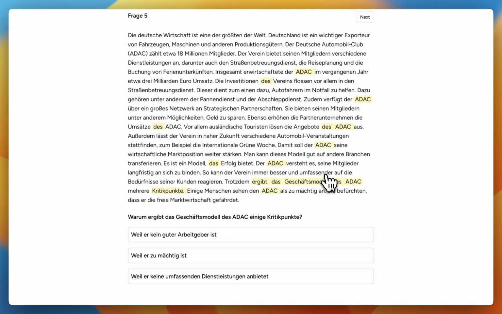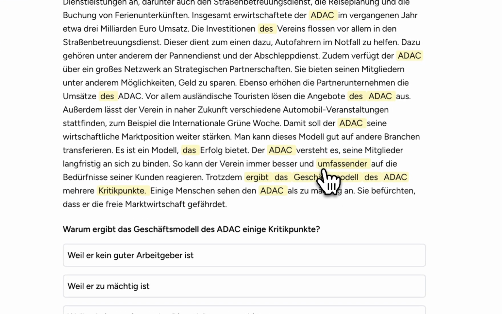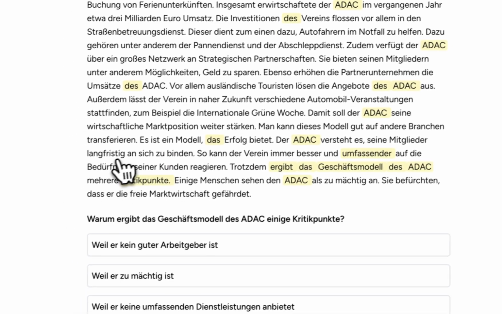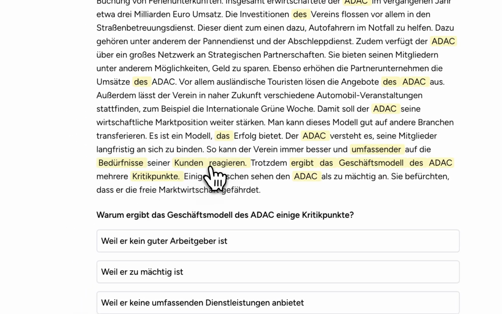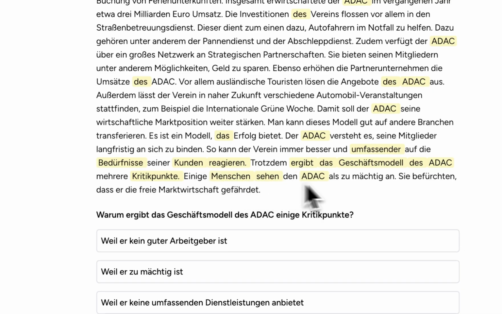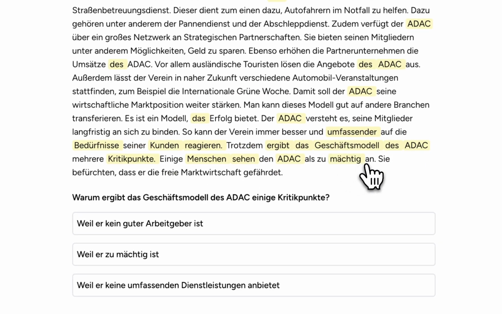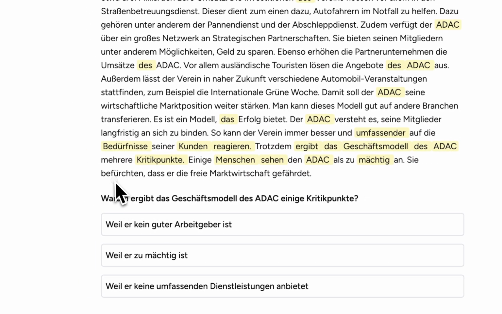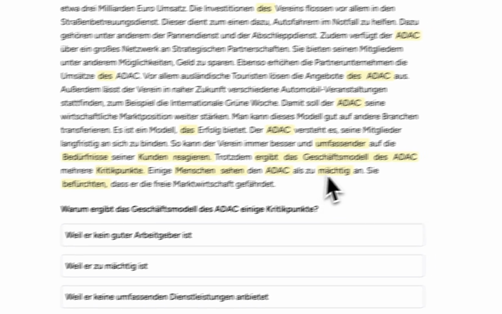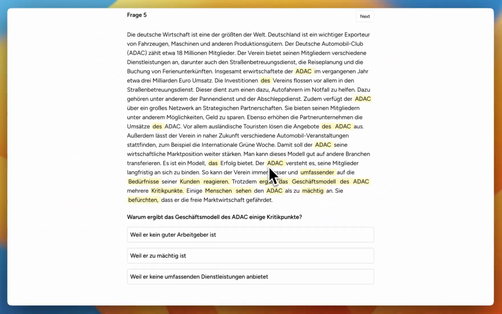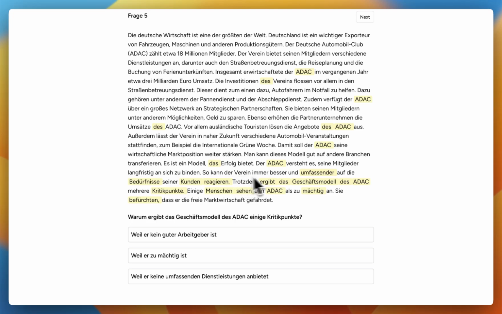Immer besser. Umfassen. So it seems that this sentence here has Gesellschaftsmodell, ADAC, and Kritikpunkt.